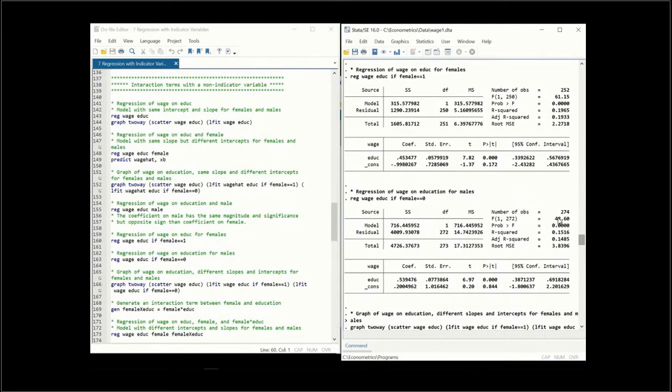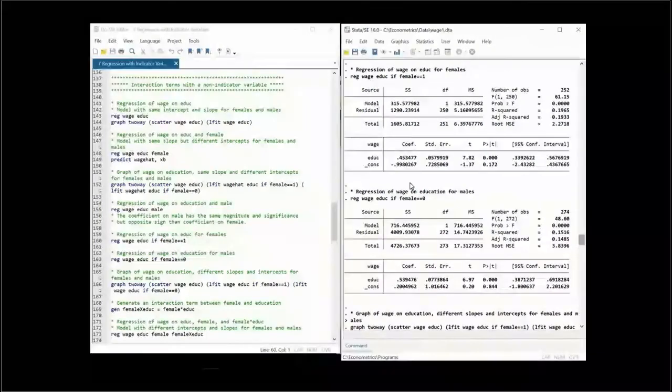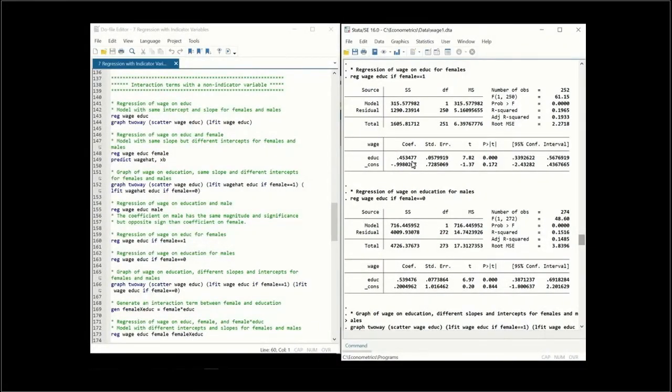So this is basically the number of males in the sample. If we look at these different coefficients and intercepts, these will be the intercepts for female, and here will be the intercepts for male, and then the slope coefficient for female and the slope coefficient for male.